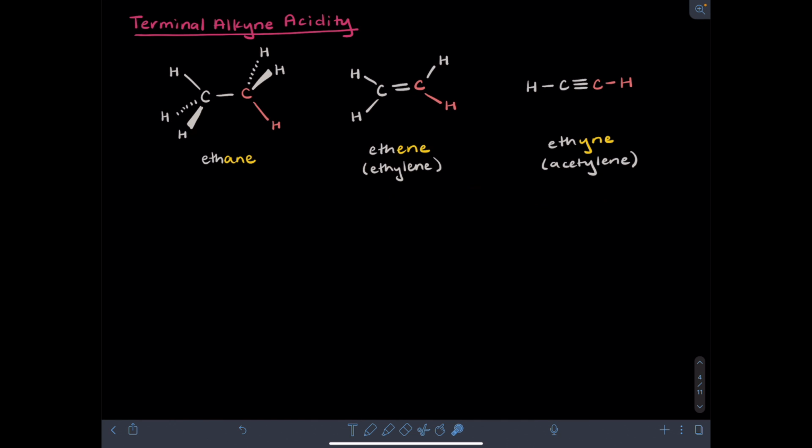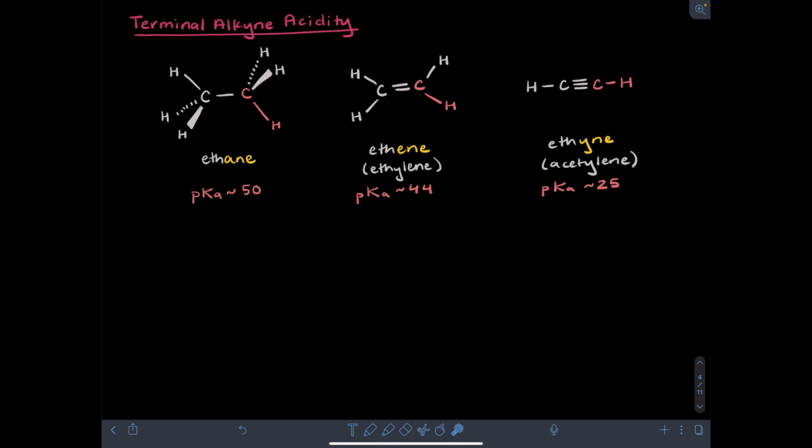The ending ene is specific to alkenes, but more commonly, this 2-carbon alkene is known as ethylene. This is its common name. And the C2H2 alkyne, shown on the right, our simplest possible alkyne, is known as ethyne. The ending -yne is specific to alkynes, but most commonly this molecule is known as acetylene, its common name.